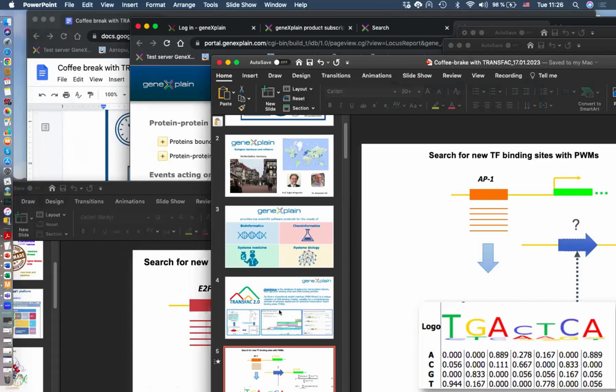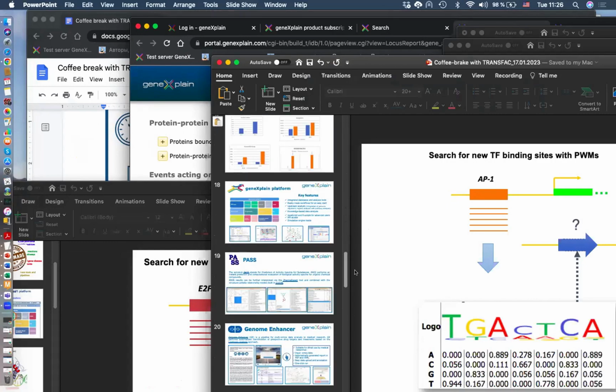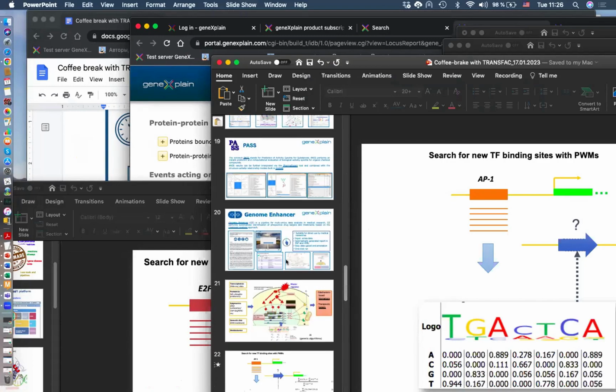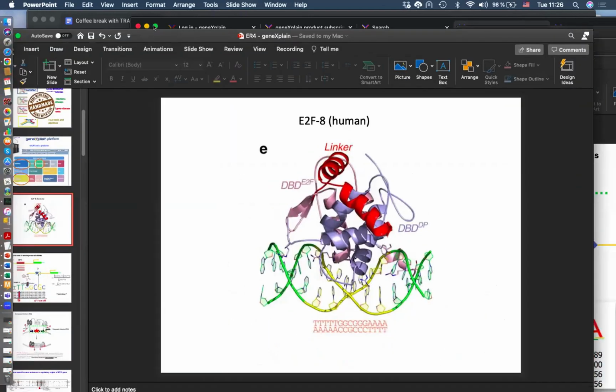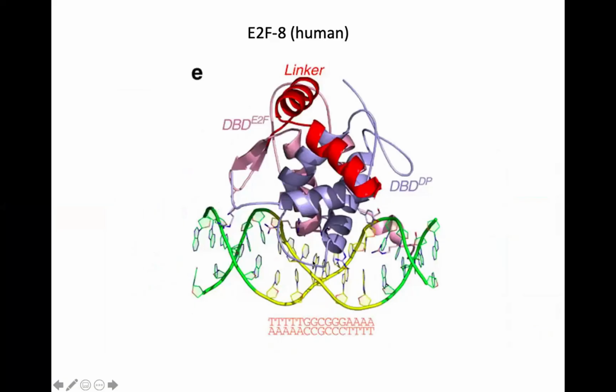Let me simply look at one of the pictures. Let me see if I have such a picture here. Yeah, for instance, this one. So the binding sites in the genome.